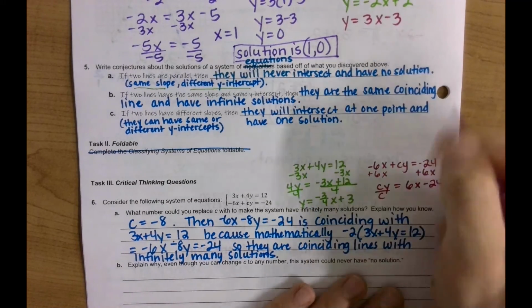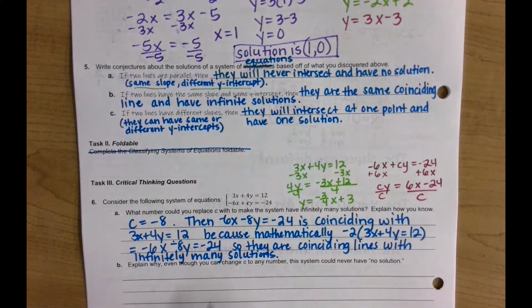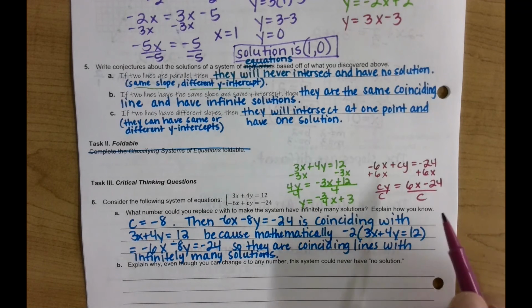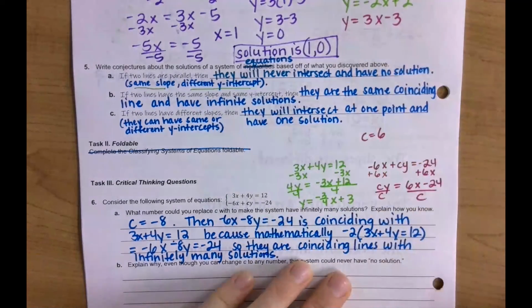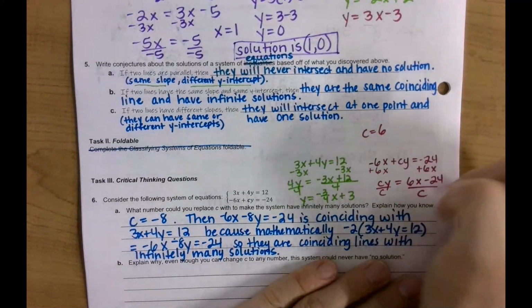So let's just say I'm dividing by c. Let's think about it. Maybe let me just plug in a number for c. What if c equals 6? Then I'm dividing everything by 6.